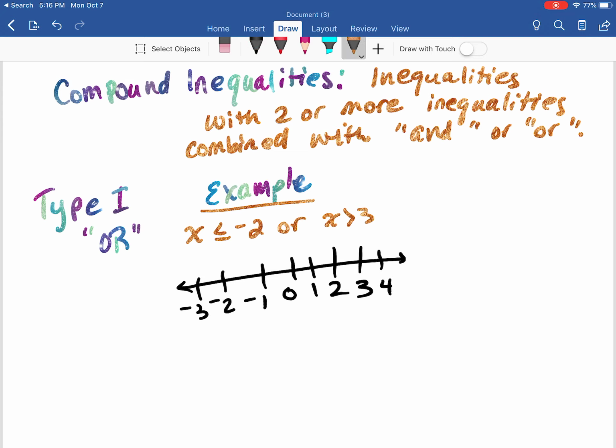Now, it's including negative 2, and we're going to the left because it's less than. And "or equal to" means including, so that's going to be closed. And then over here at 3, it's not including 3, and it's going to the right. So notice, all of this range in this area here is not included in our inequality.